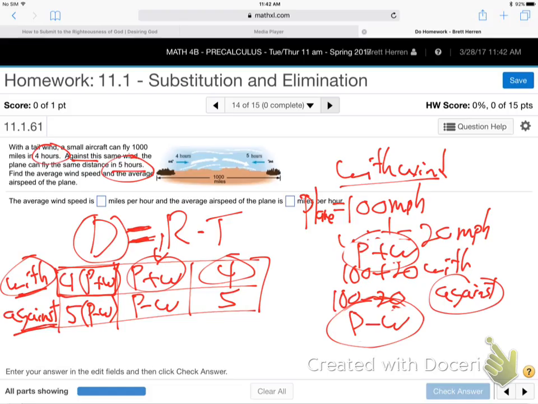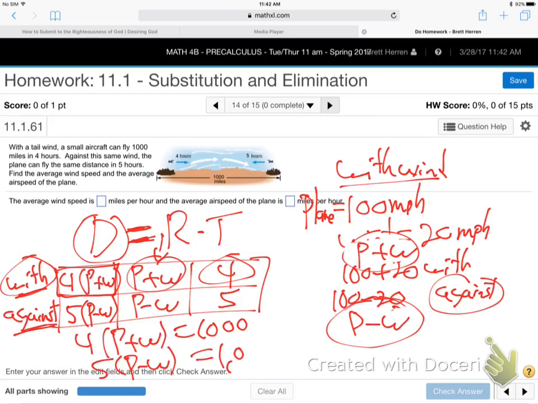Okay, so what do we do now? What else does it say? The distance is 1,000 miles. So 4 times P plus W is 1,000, and 5 times P minus W is also 1,000.